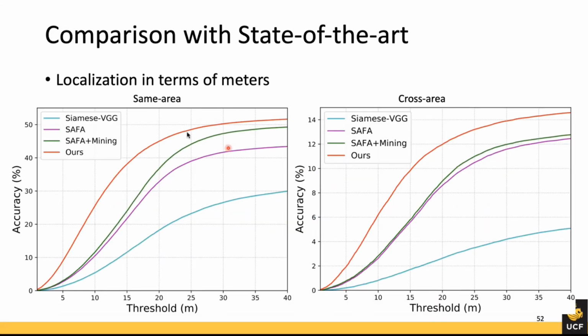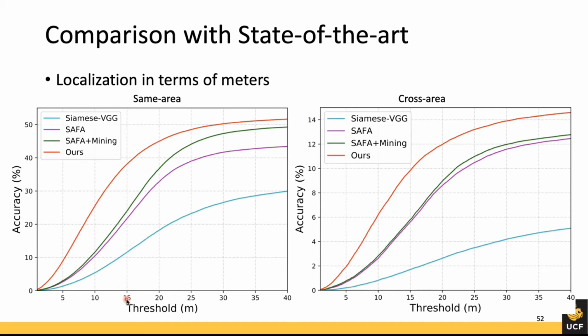We also did evaluation at the meter level. Basically, we set a couple of thresholds. If the difference between the predicted GPS and the ground truth GPS is within a certain threshold, then we consider that a correct prediction.